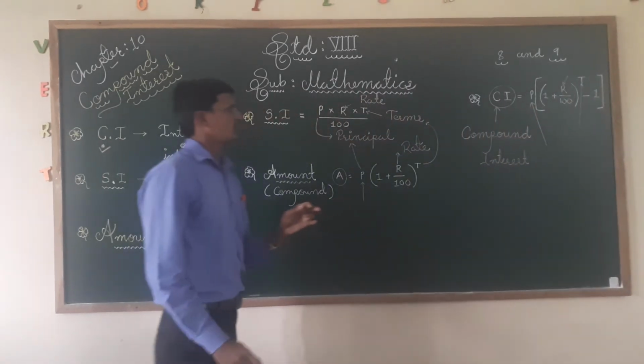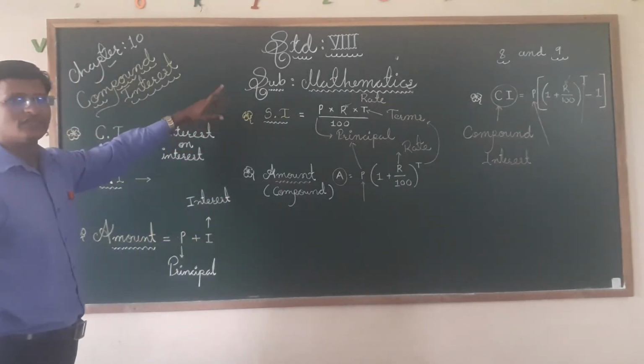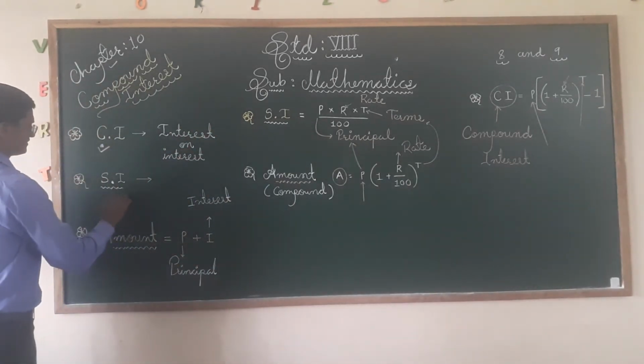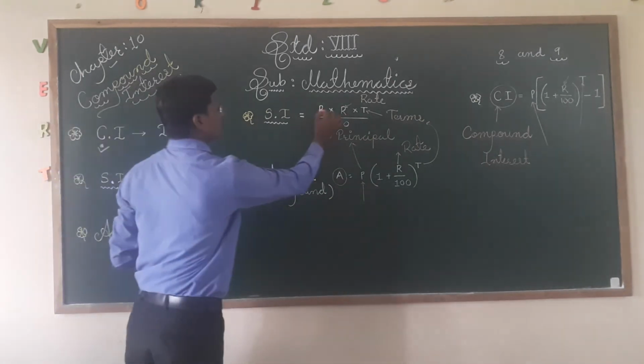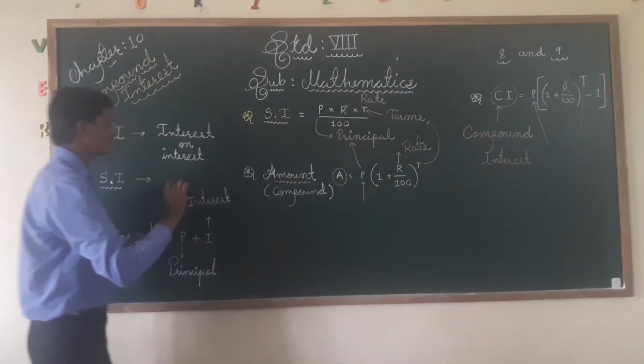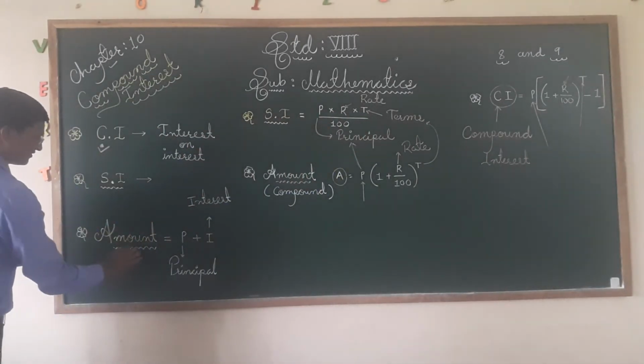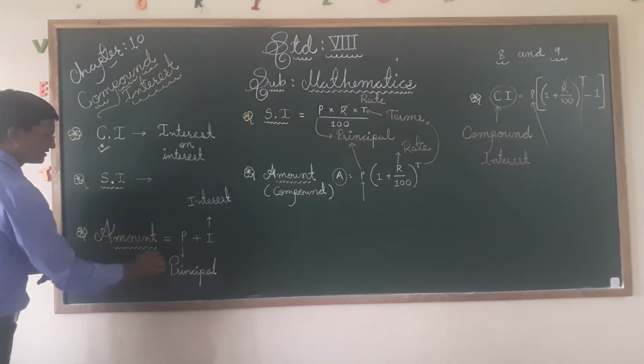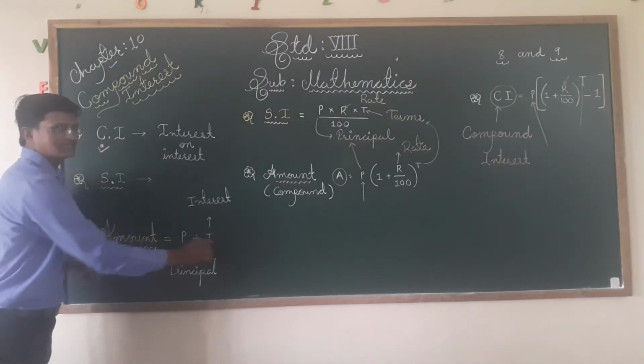All these formulas we are using in this chapter. The first formula is simple interest, PRT upon 100. The second formula is amount, principal plus interest.